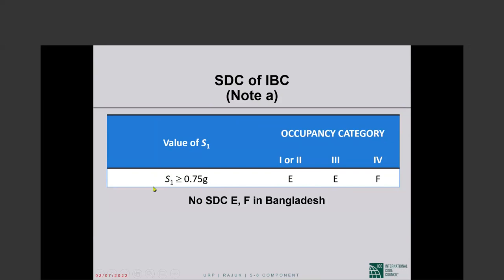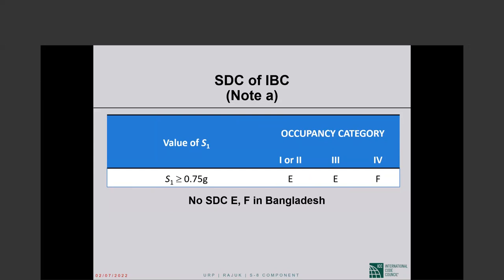Okay. If your site is located where S sub 1 can equal or exceed 75% of g, which can happen only in the vicinity of faults that can generate large earthquakes, then non-essential facilities, occupancy categories 1, 2, and 3 are design category E, and essential facilities are design category F.